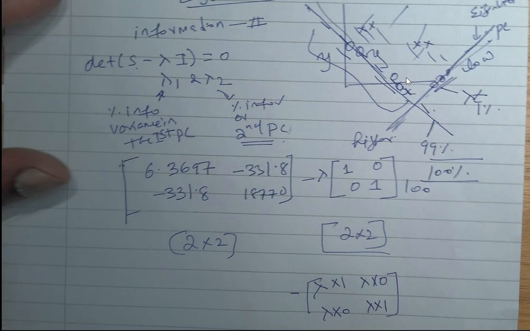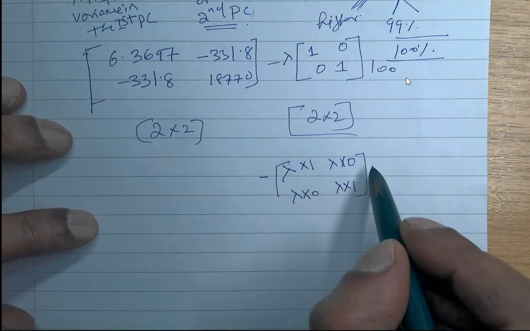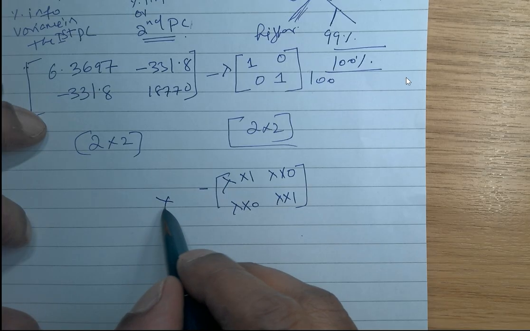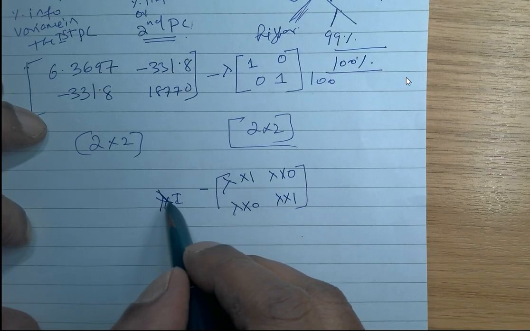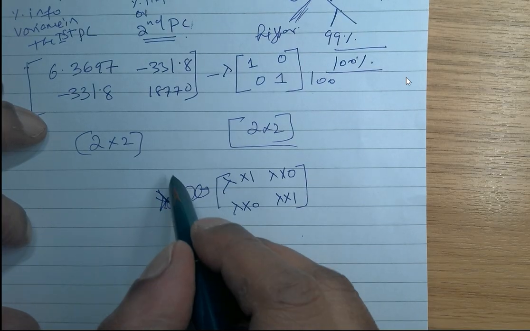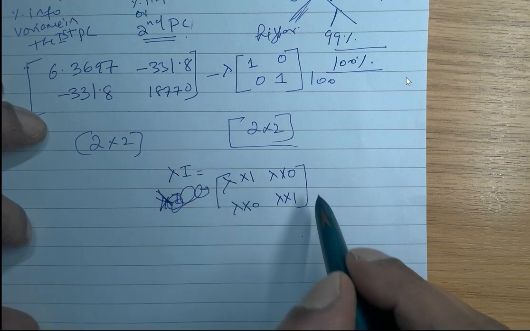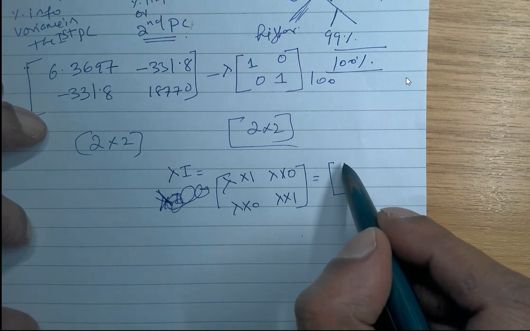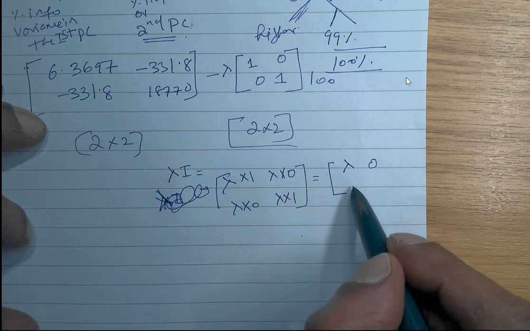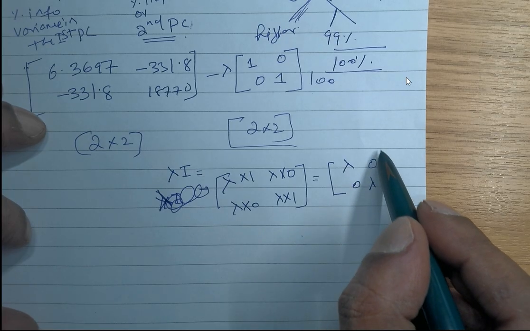So lambda I should be equal to lambda 0 0 lambda.